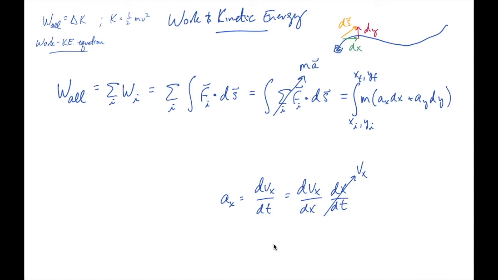Now look at what's going to happen when I substitute this into the acceleration up here. Ax dx is going to become dvx/dx, vx from what we just did, times this dx right here.